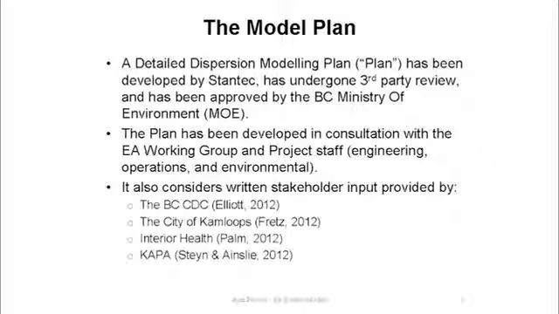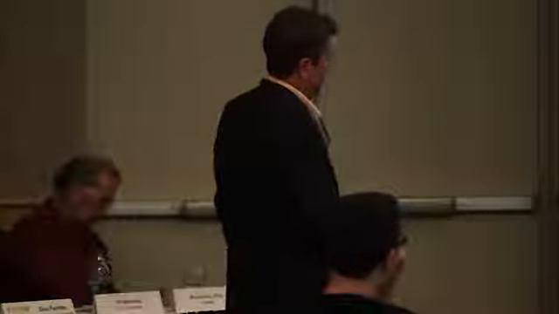Now, that plan was developed in consultation with the Environmental Assessment Working Group, with Ajax project staff, including engineering and operations and environmental, and it's been developed considering written stakeholder input provided by the BC Centre for Disease Control, the City of Kamloops, the Interior Health Authority, and CAPA. So the process has been relatively open, and the specifics in the modeling plan have been shaped by the input of these organizations.